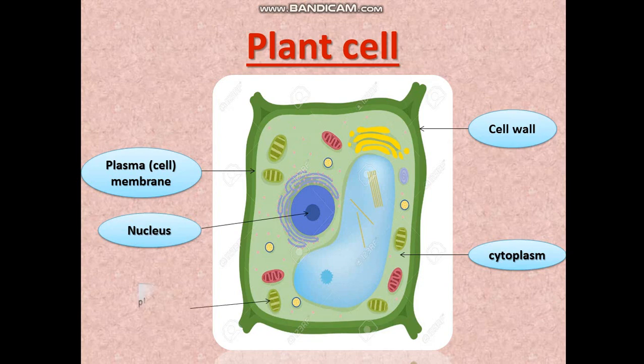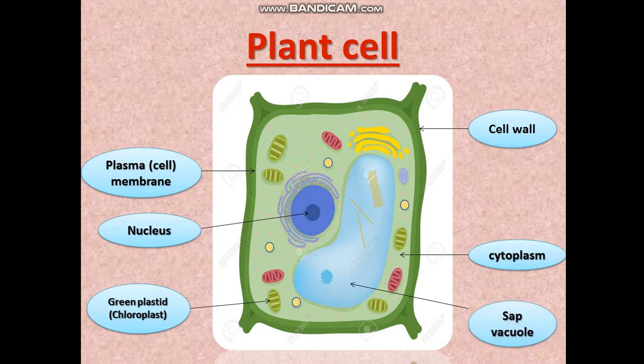The fifth structure is the green plastid or chloroplast. And the final structure is the vacuole.